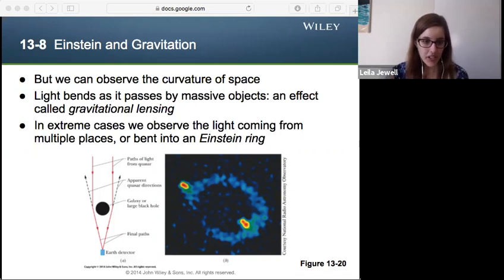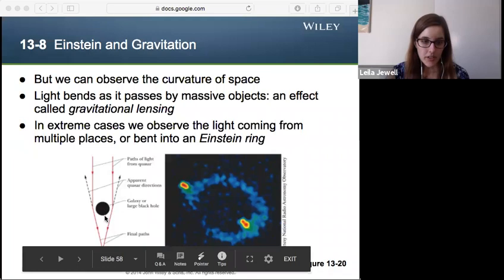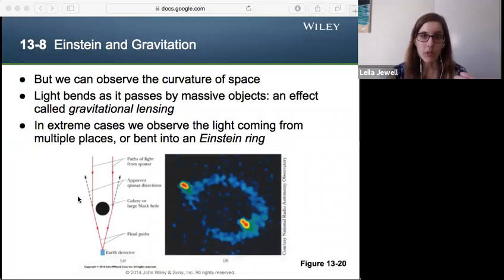So here's an example of this where there's light that should be coming to us from a quasar, something really bright. And then in between us and the quasar is this galaxy or a large black hole, something with a ton of mass, right? Well, the light itself is actually going to bend towards the Earth detector. And so it appears to be coming from not the very center of it where we say, oh yeah, it's right there.